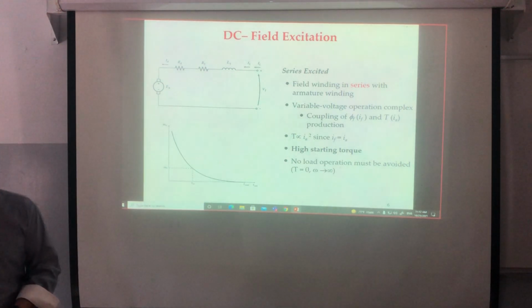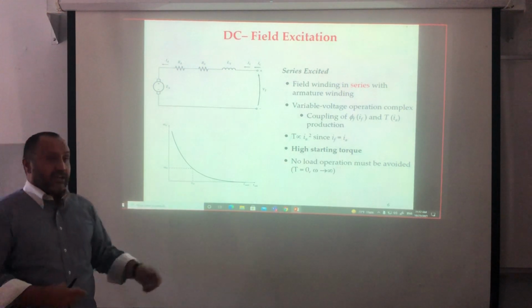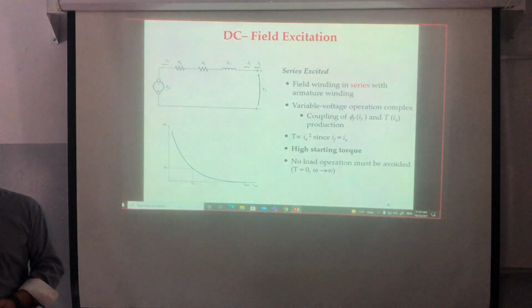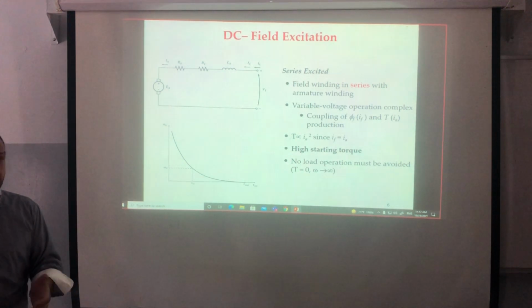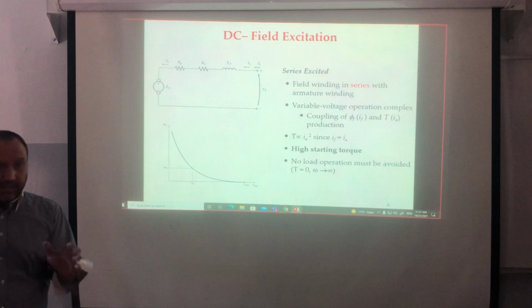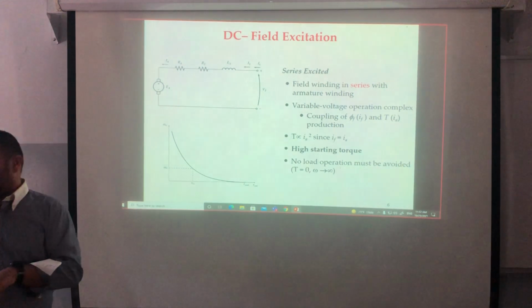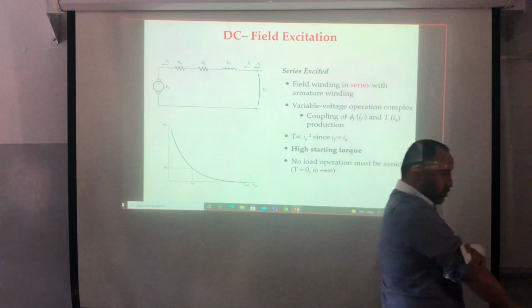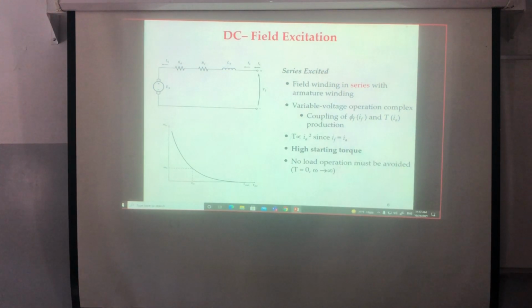There is a friction. But even so, this motor will rotate at a speed higher than the maximum speed that the shaft can handle. This is a mechanical design parameter, the omega max. So it's forbidden for the series machine to run at no load.